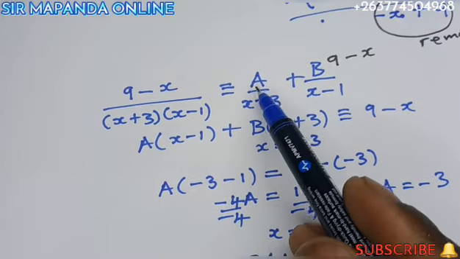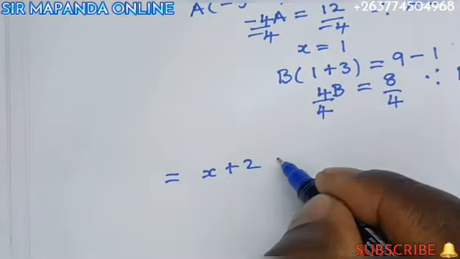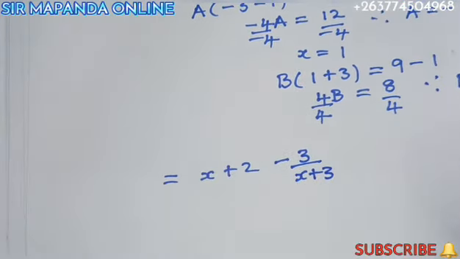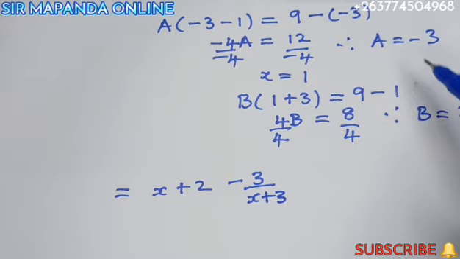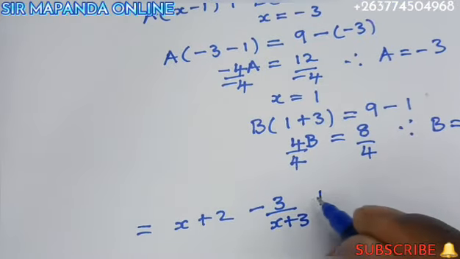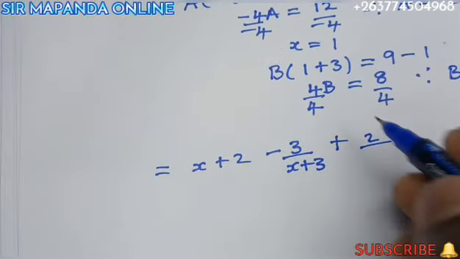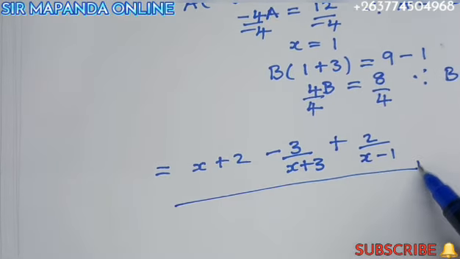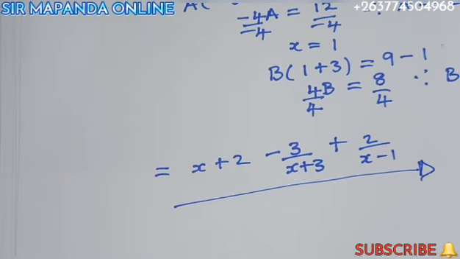So if we put minus 3 on a, you get minus 3 over x plus 3. Then b was 2. So if you put b here, you get plus 2 over x minus 1. And this is your final answer in partial form.